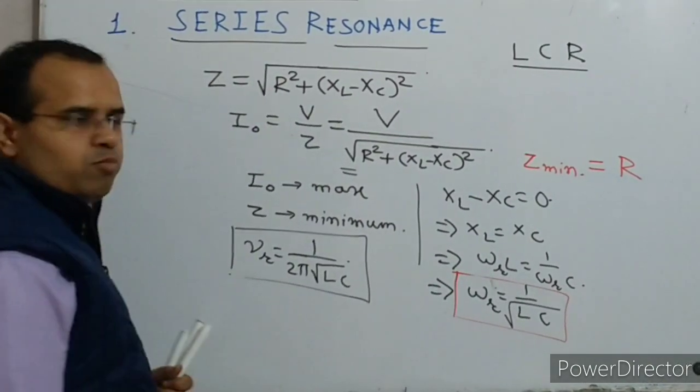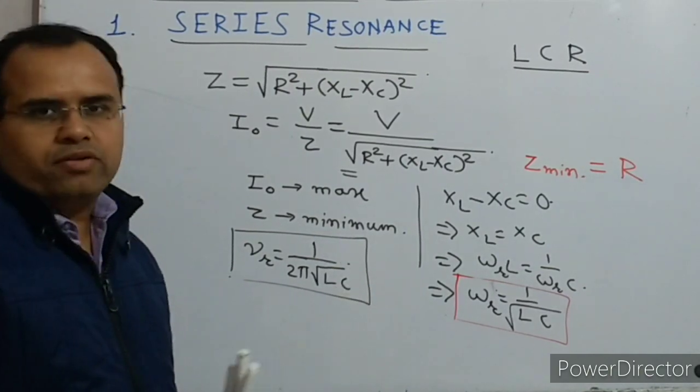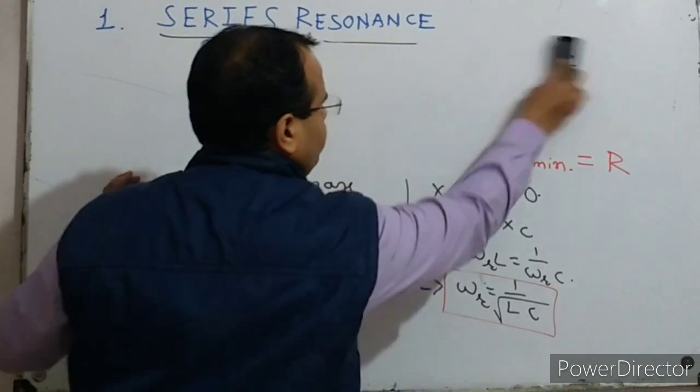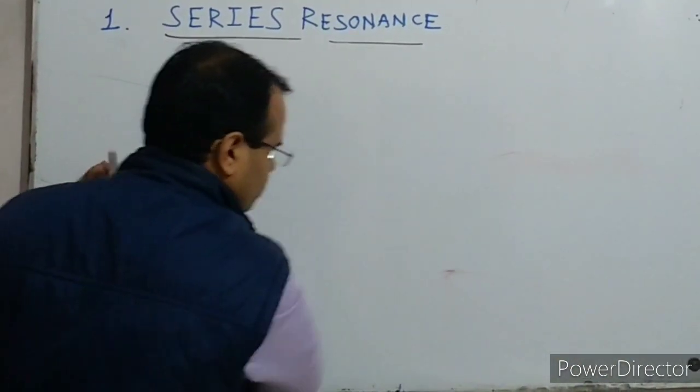Okay. Now we will try to understand this with the help of a graph. I hope that you understood this and have written it. Now if we plot a graph here, it would look like this.